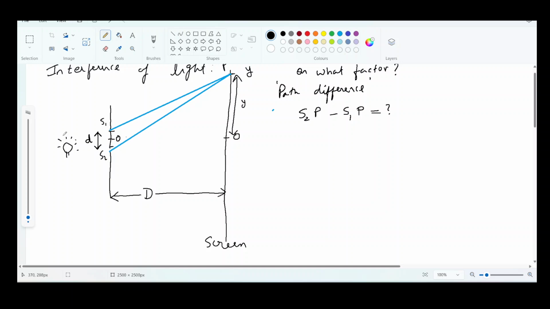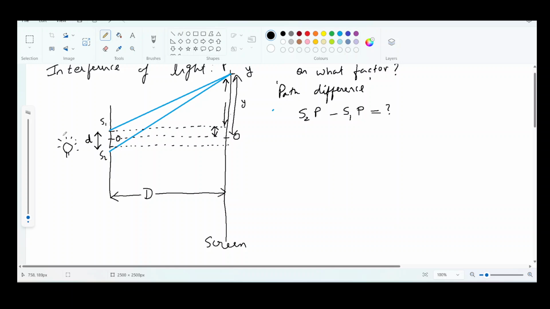Now, why do I need this? I need this because I see over here that I can apply Pythagoras theorem to find S2P and S1P. Okay, so this distance over here is y minus this much.